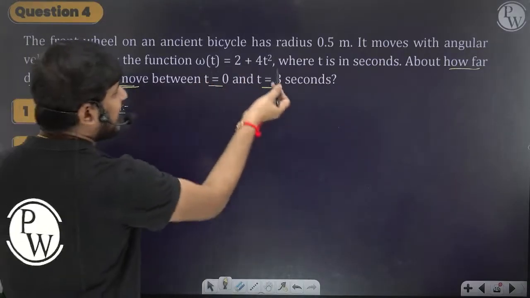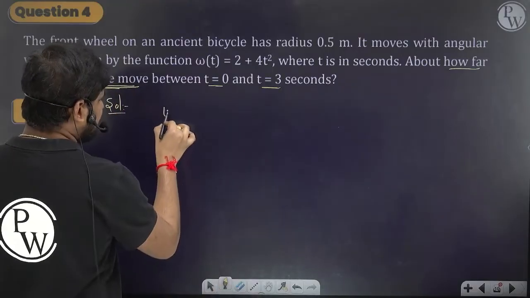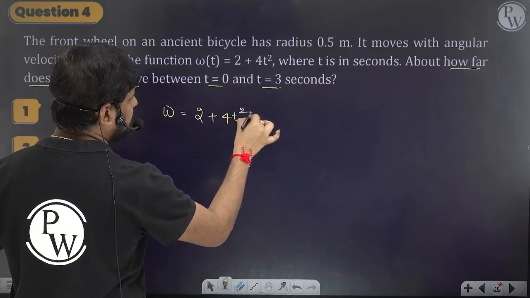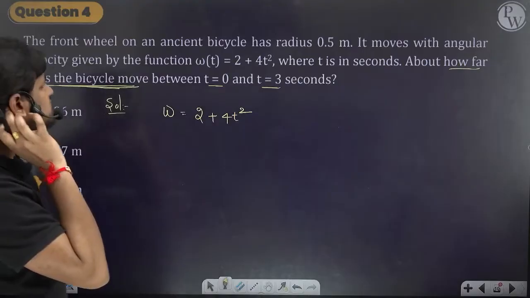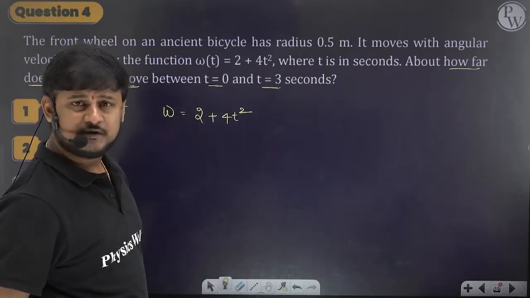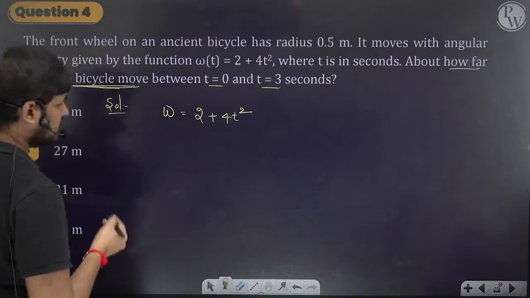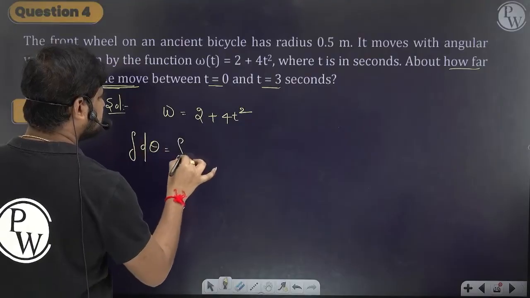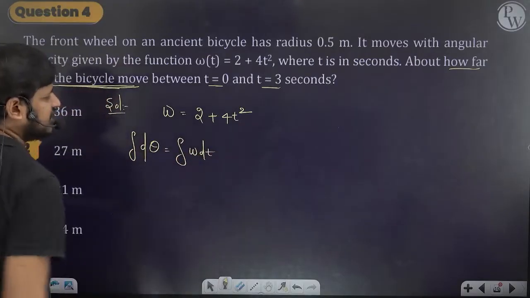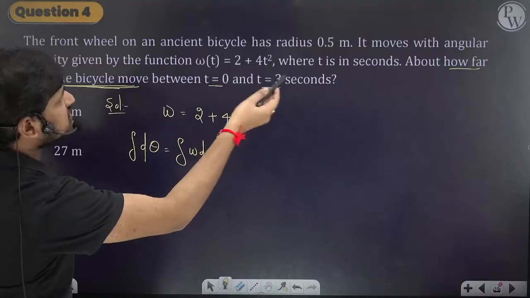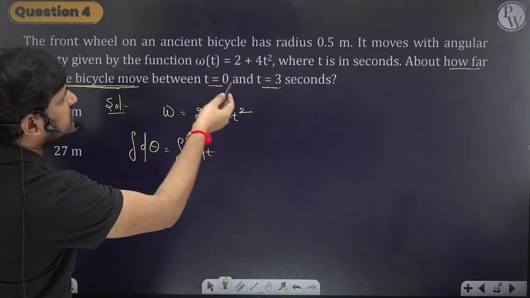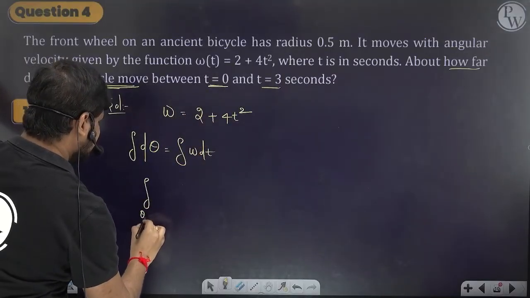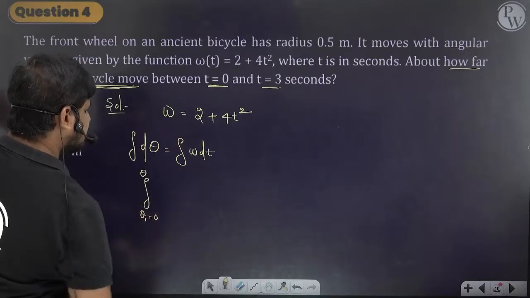Okay, what did they give? Angular velocity, as a function of time: 2 plus 4t square. So first, can we find the angular displacement? d theta equals omega dt, so integrate. At t equals 0 the initial angular displacement is 0, and the final angular displacement let it be theta.